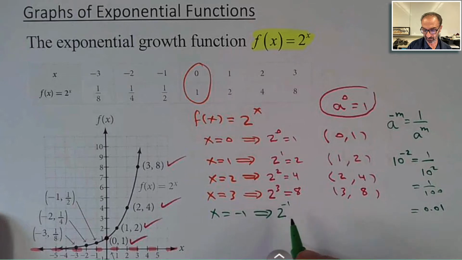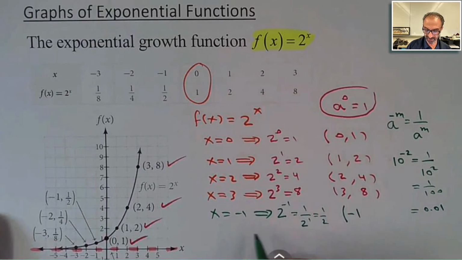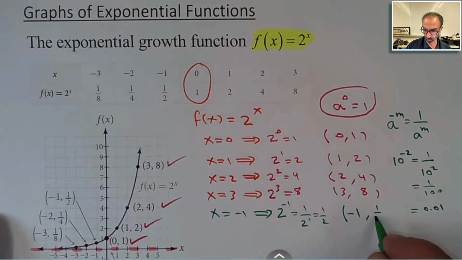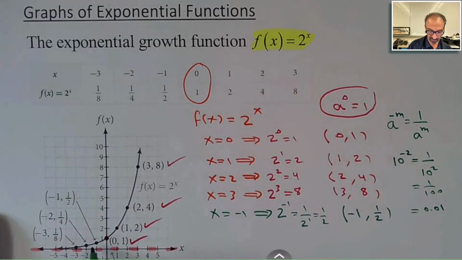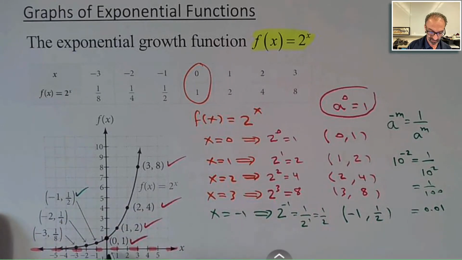So 2 to the power negative 1 is actually 1 over 2 to the power 1, which is just 1/2. So negative 1 as an input, and output will be 1/2, which is right there. Negative 1 to the left, just half going up, halfway before you reach 1.